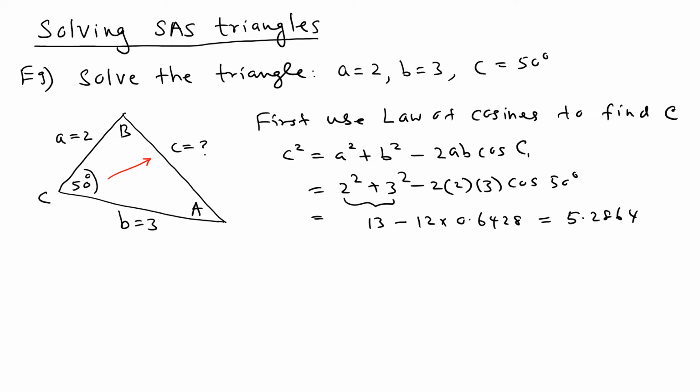Taking the square root, you can see that c is approximately 2.2992. We write up to 4 decimal places because we can use this value for future calculations.